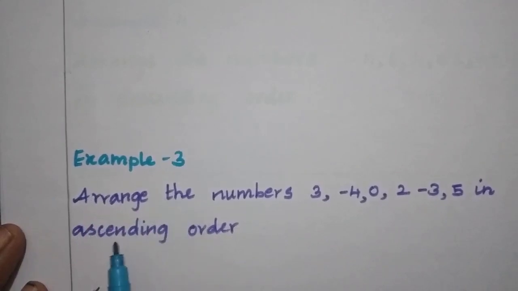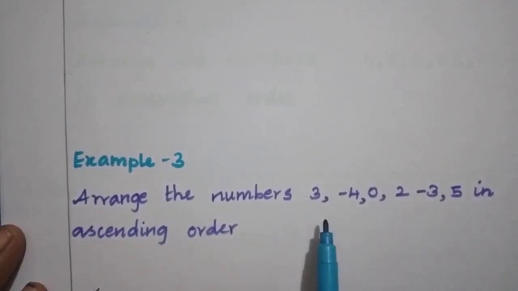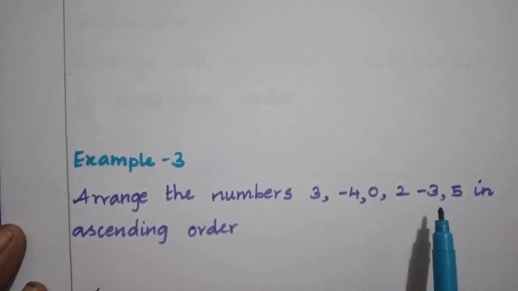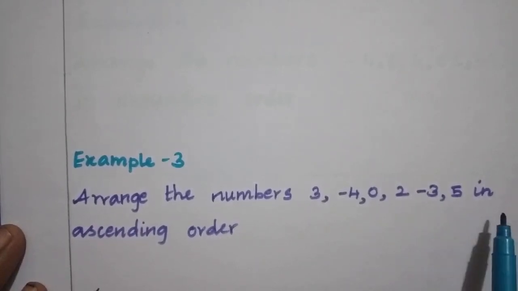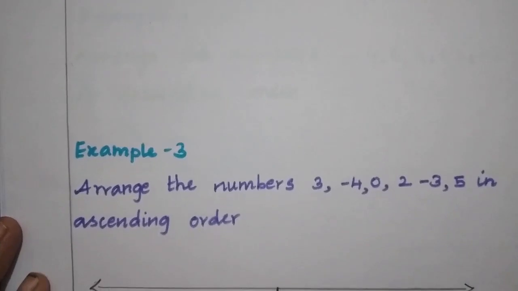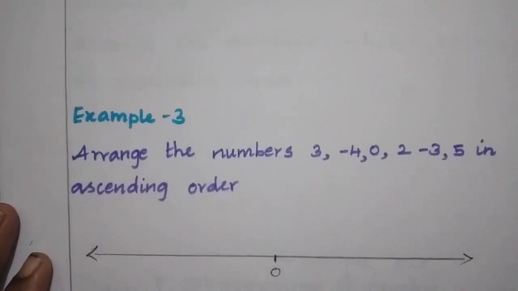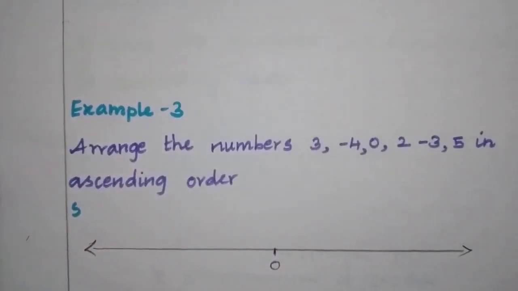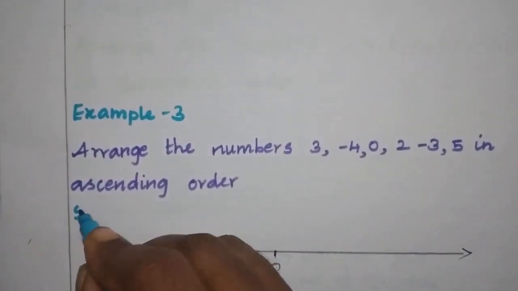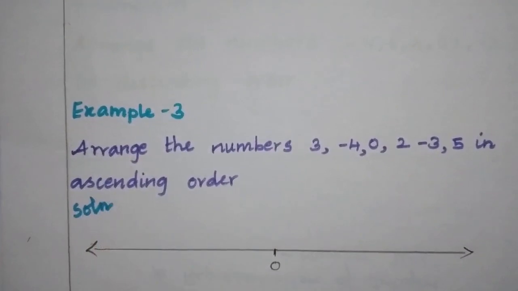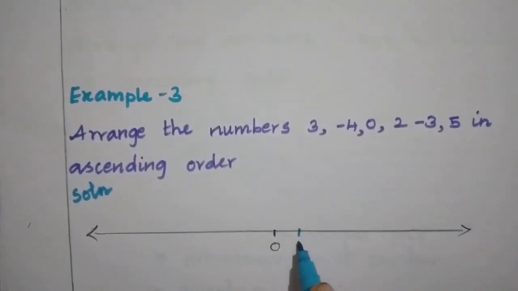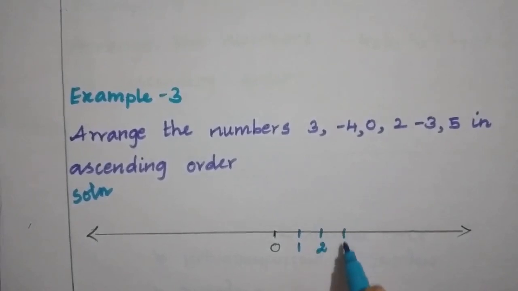Example 3. Arrange the numbers 3, minus 4, 0, 2, minus 3, 5 in ascending order. Draw a number line like this. Mark the numbers on it.